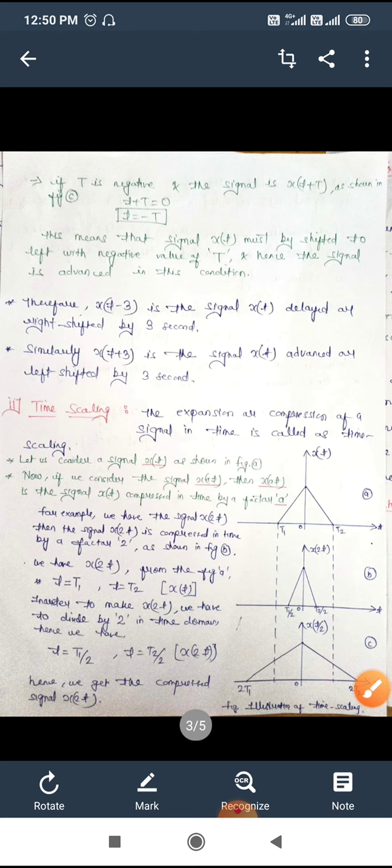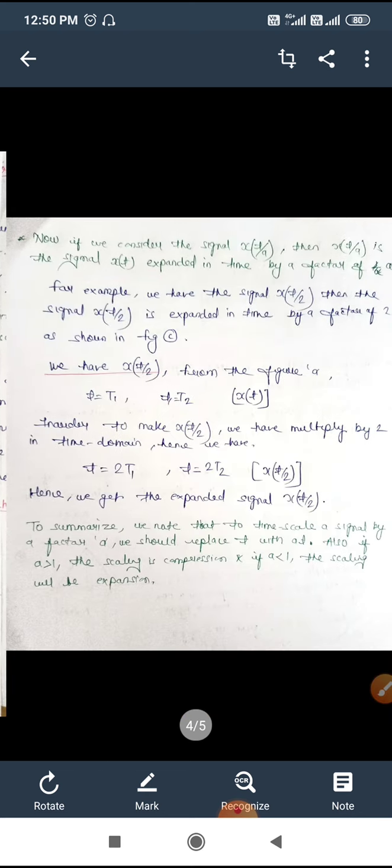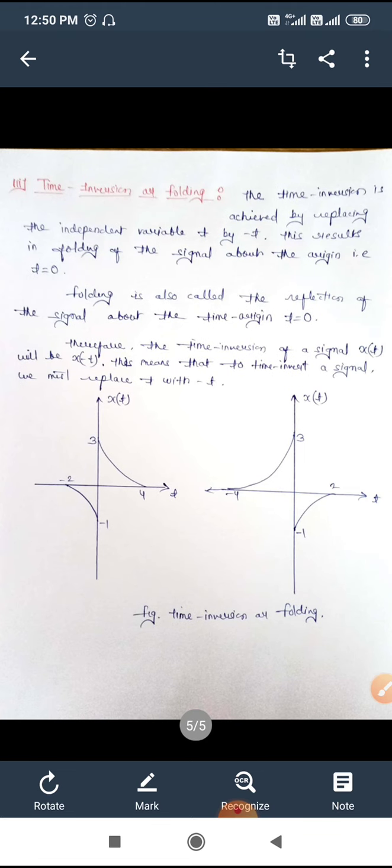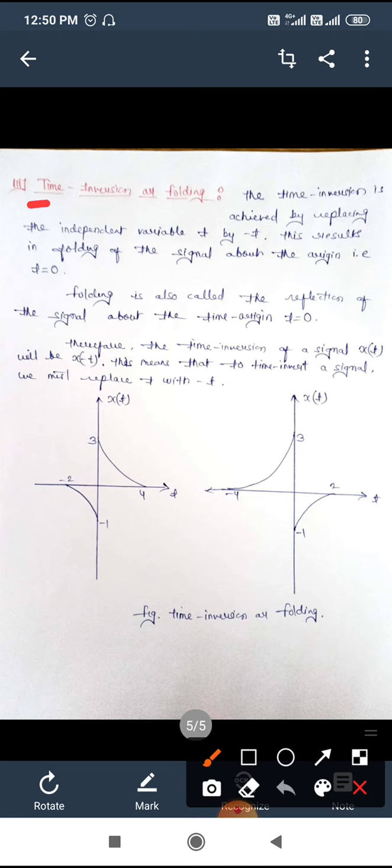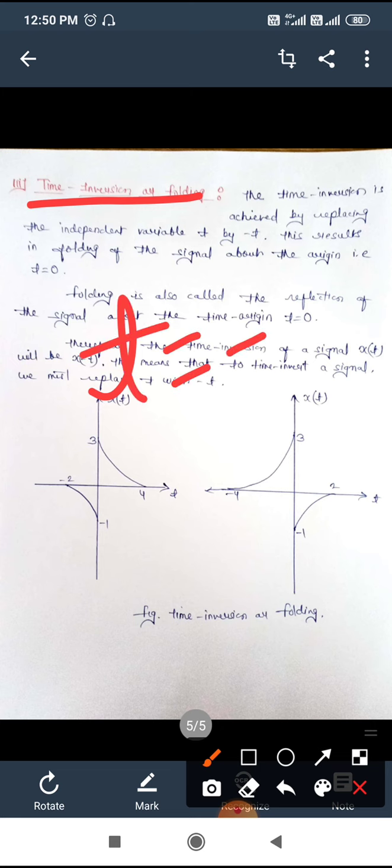Now we will discuss the third manipulation or transformation of independent variable technique, which is time inversion or folding. Time inversion is simply achieved by replacing t with minus t.